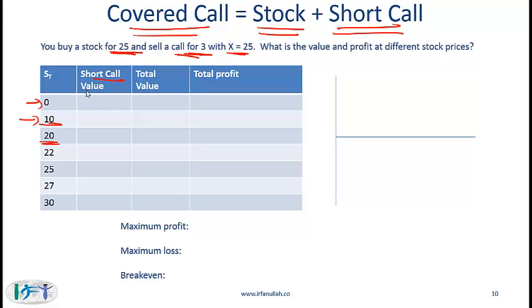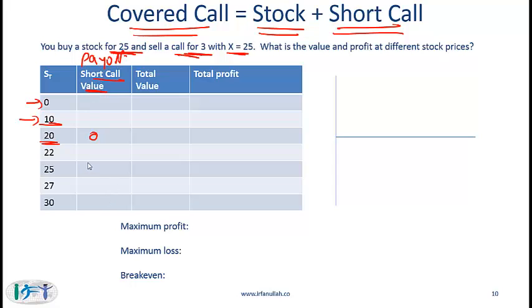When we talk about the short call value, that is referring to the payoff. If the stock goes down to 20, then the long is not going to exercise, so the payoff or the value is 0. And I'll emphasize this, the value is the same thing as payoff.